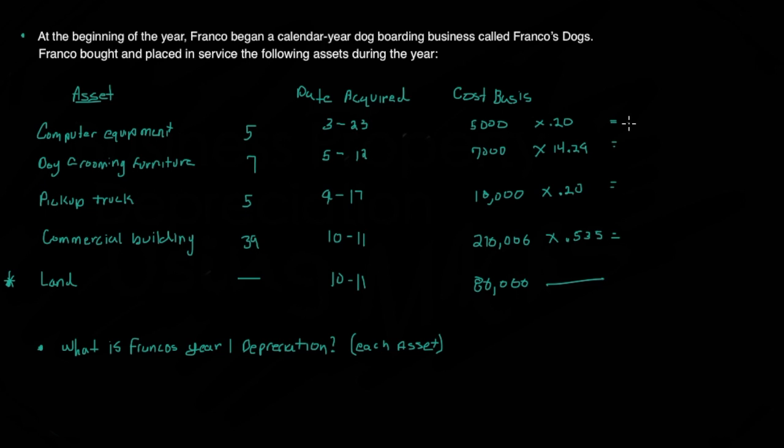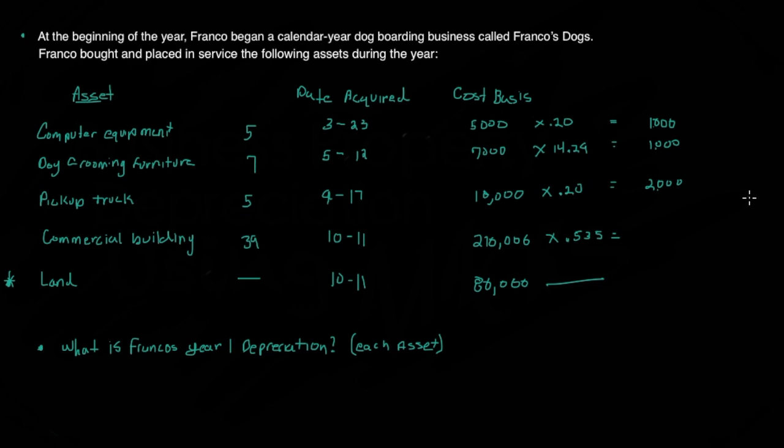Once you multiply these out, you will get $1,000 for this one. For the computer equipment, you'll get $1,000 as well. For the pickup truck, you will get $2,000.